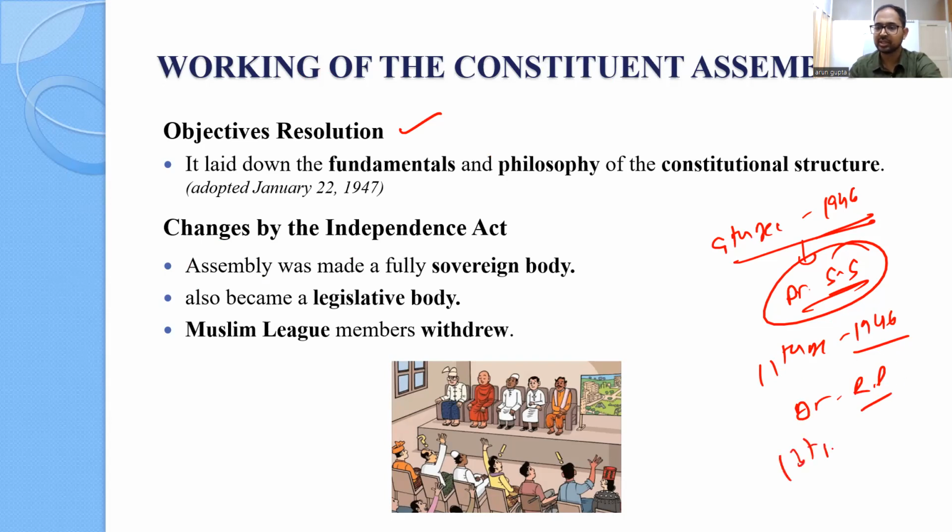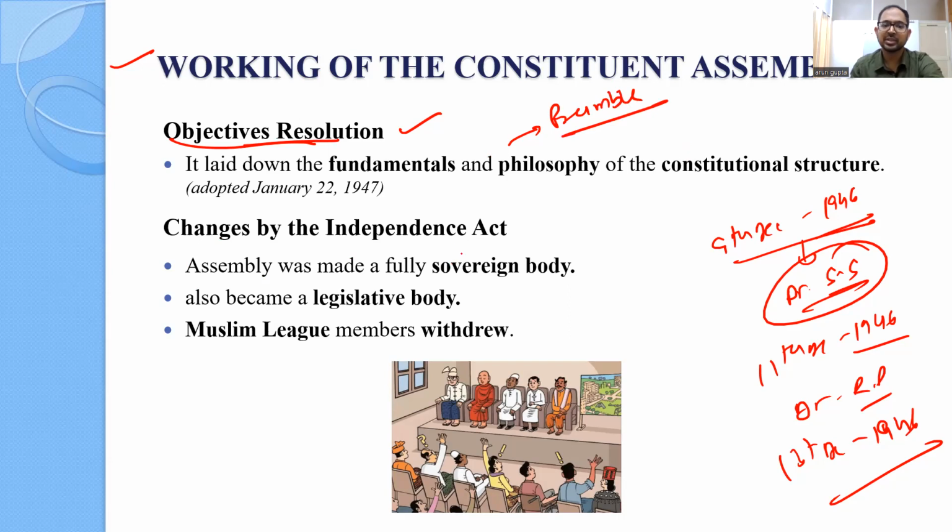And on 13 December 1946, Jawaharlal Nehru moved the objective resolution for the working of the Constituent Assembly. It laid down the fundamentals and philosophy of the Indian constitutional structure. And this is mostly the preamble of our constitution.